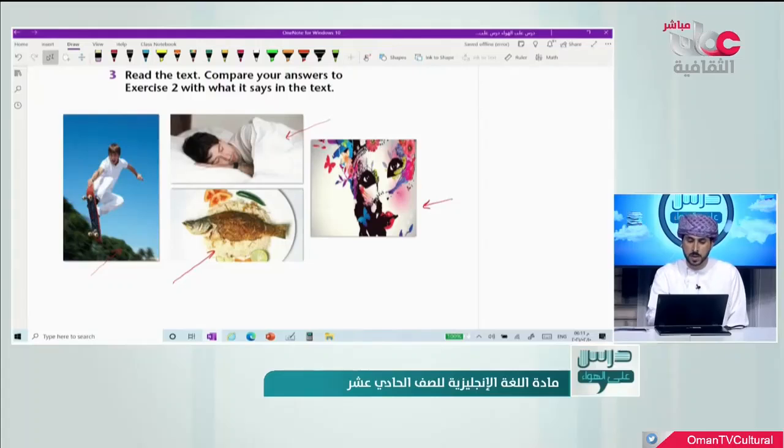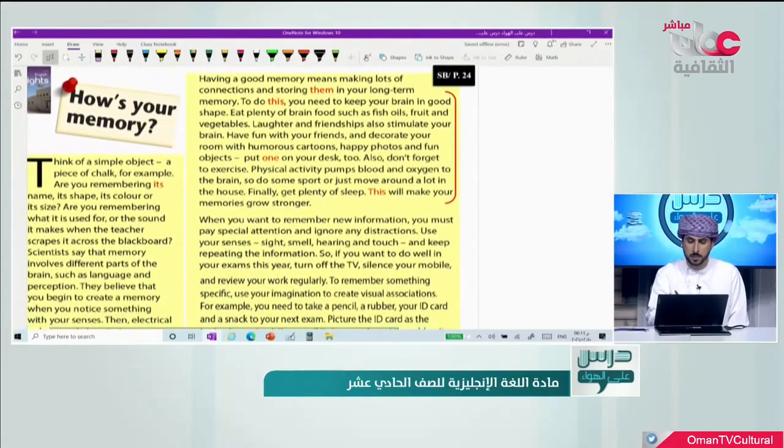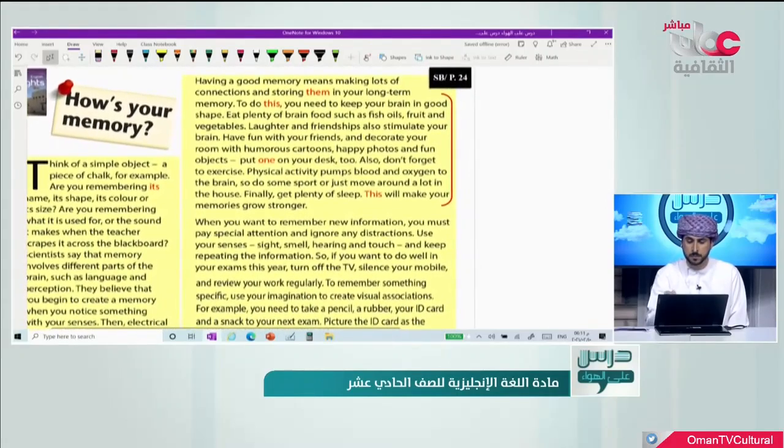And if you go to the text, you will find the answer here in this part. Starting from here: To do this, you need to keep your brain in good shape. Eat plenty of brain food, such as fish oils. Now, we know why they give us a photo of fish and fruit and vegetables.